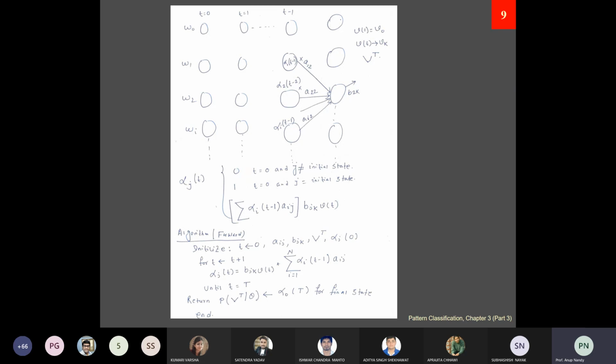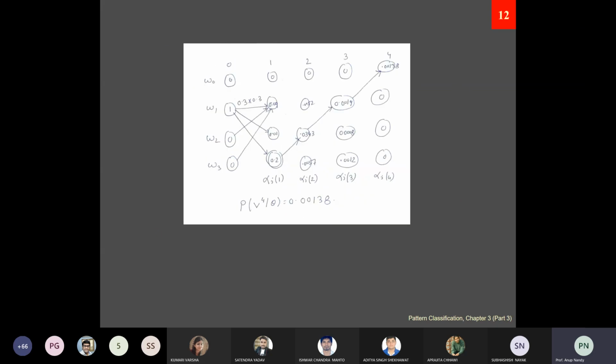As W0 is your final or accepting state, you have to compute the probability for this W0, actually B04, at that instance of time.